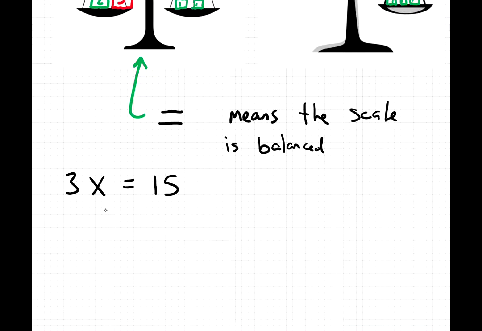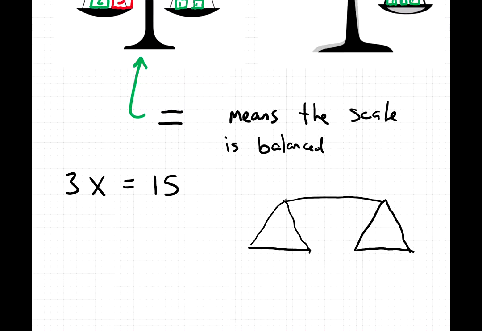So what we basically have here is, let me actually draw another scale. I'll use this as a visual example, so it's, excuse my lack of artistic ability, but here we go. There's a nice looking scale.